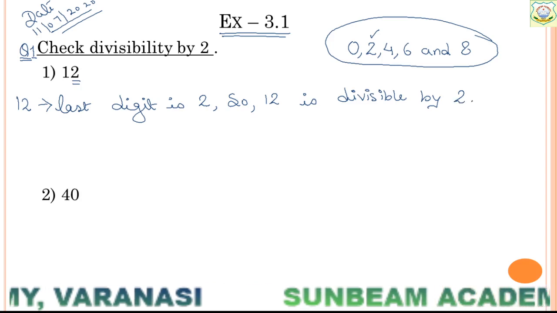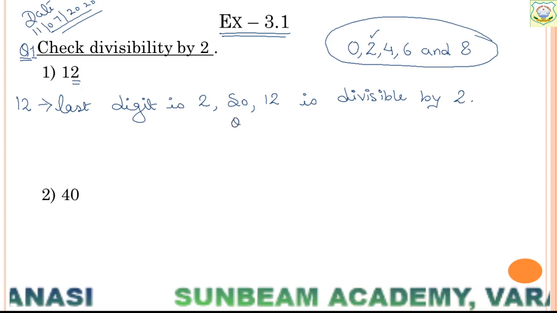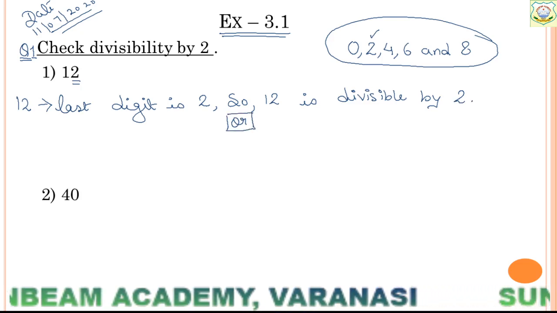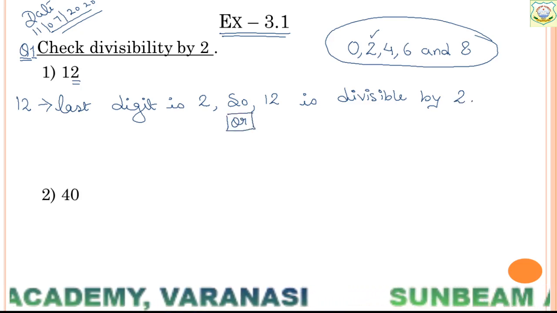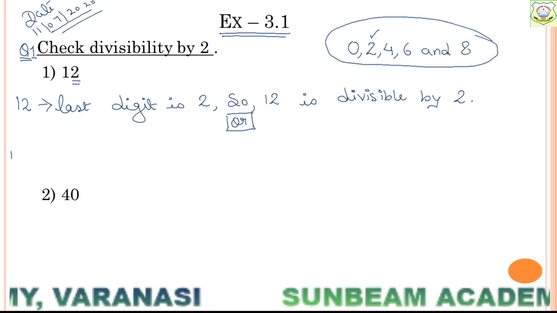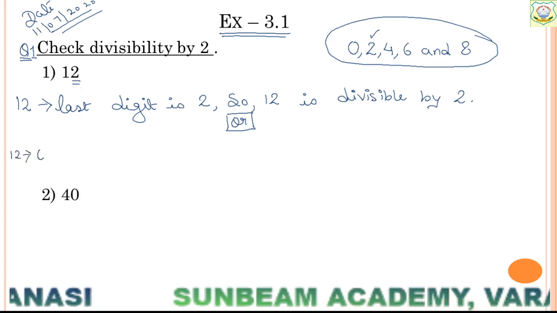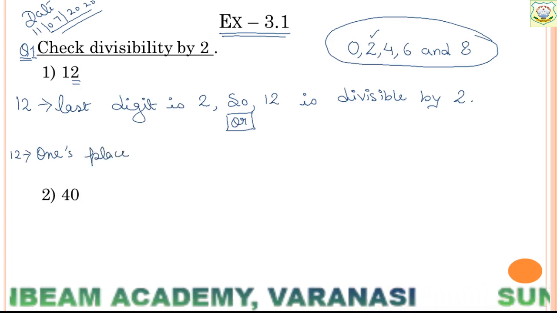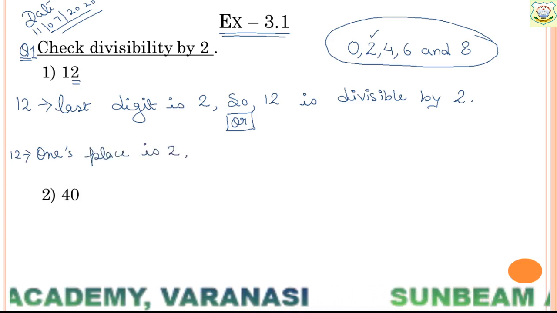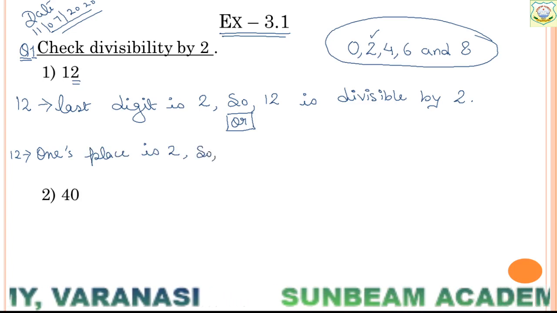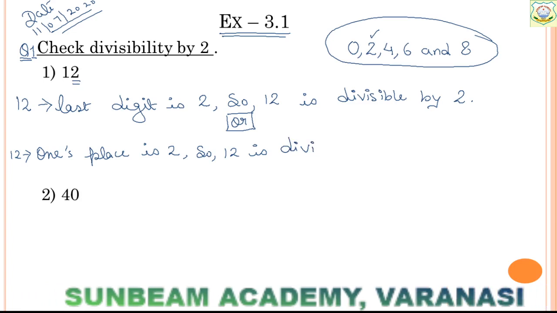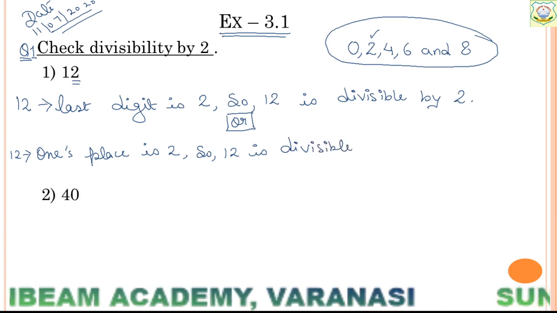I'm telling you one more method to write it. Both are correct and you can opt for either one. The second is: ones place is 2, so 12 is divisible by 2.